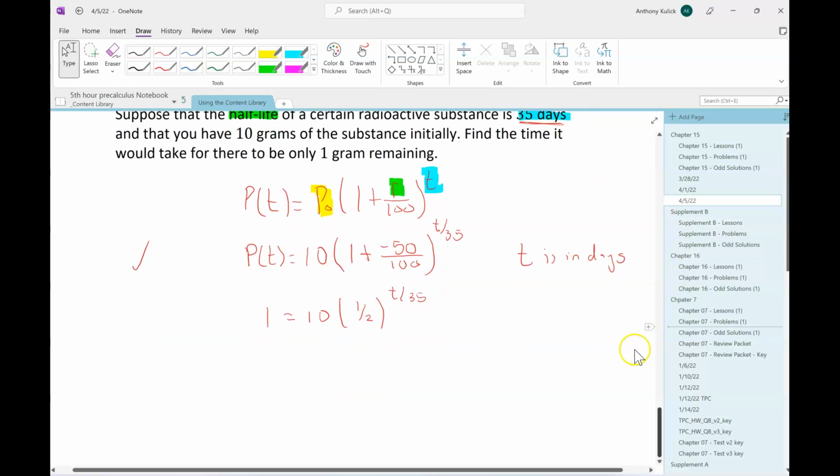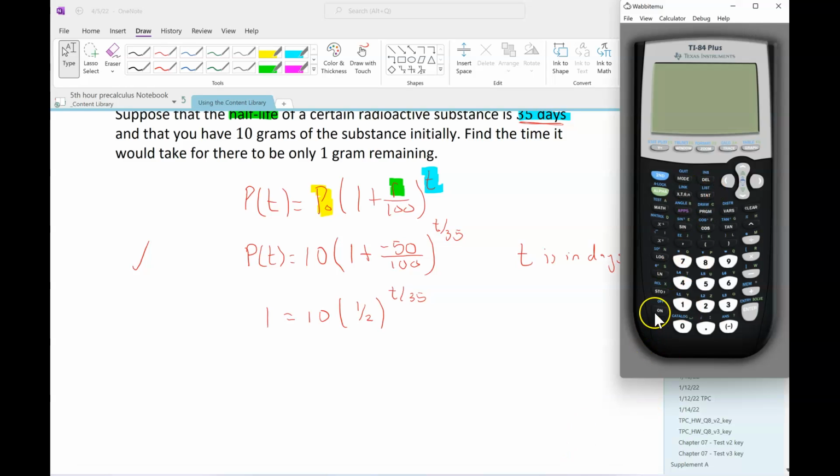So now it's just calculator time. We'll do kind of the same thing we did before. So into Y1, I'm going to put 1. That's my future value. Into Y2, I'm going to have 10 times 0.5 to the X over 35. And now let's set a window here.